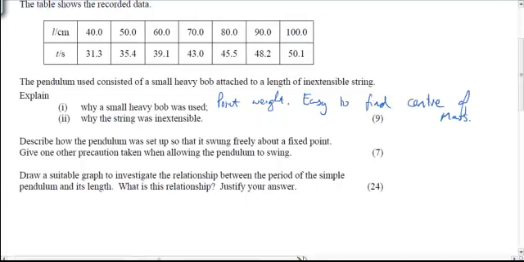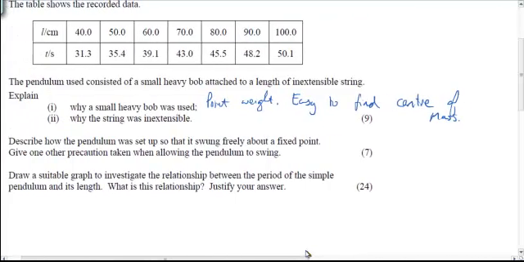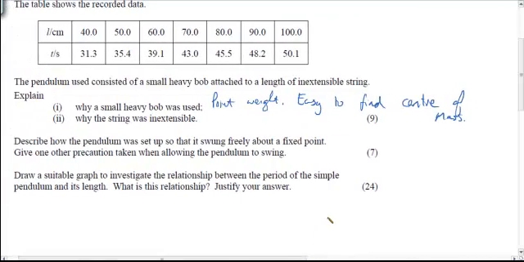Another reason would be that it would be aerodynamic. A small bob would not be affected by wind, like maybe if we were to use a ping pong ball or something like that. It would be affected more by the air around it. So it's a point weight, easy to find the center of mass. And to find the center of mass for that bob, you can use vernier calipers or a micrometer, if you want to, just in case.